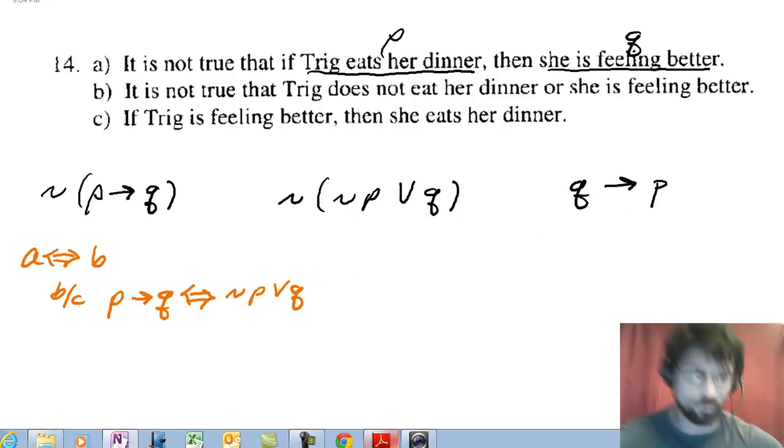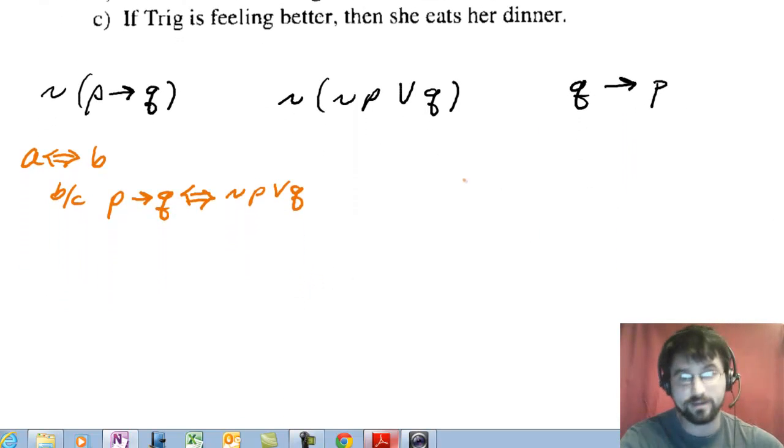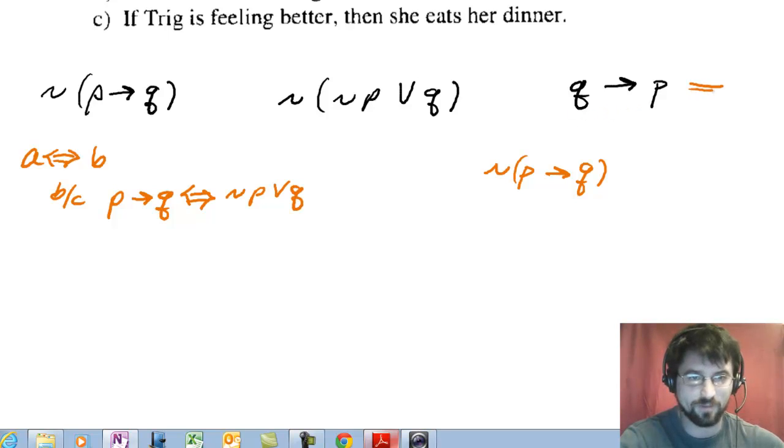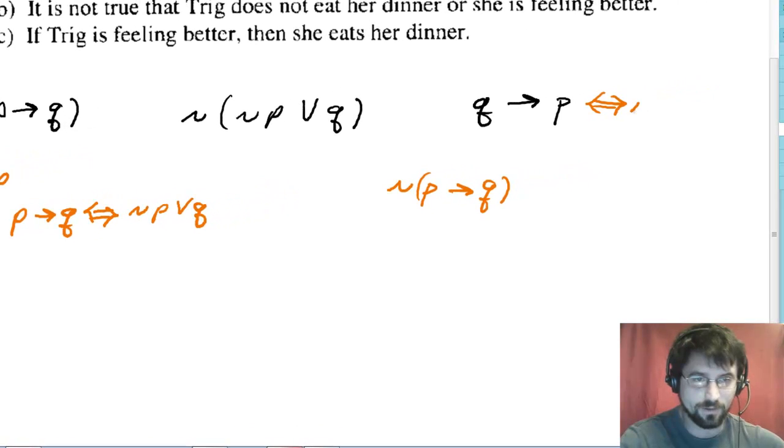But for the last one, I know it's not, because I know not P... there's no way to do this. Well, I know this one is equivalent to not Q or P, right?